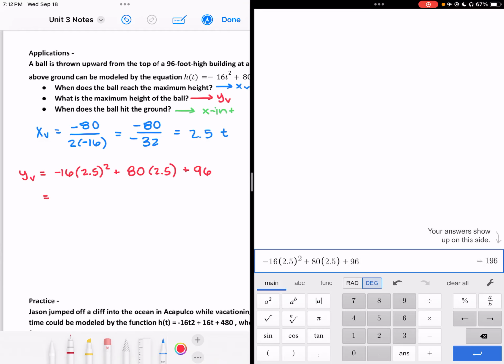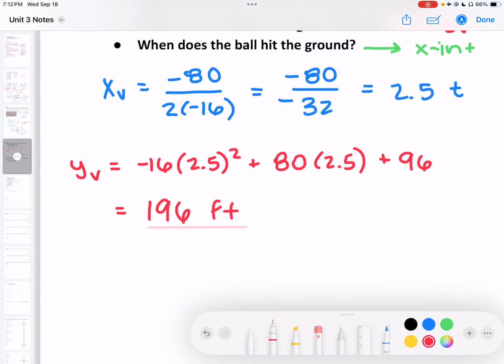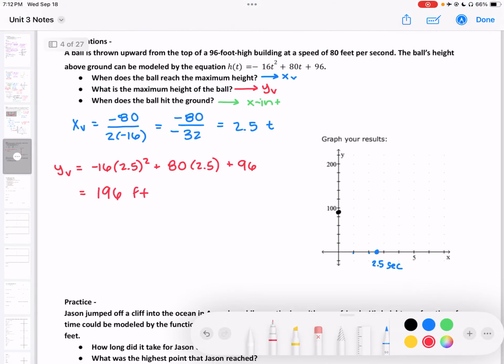So we reach an overall height of 196 feet. So our maximum height is 196, right around here.